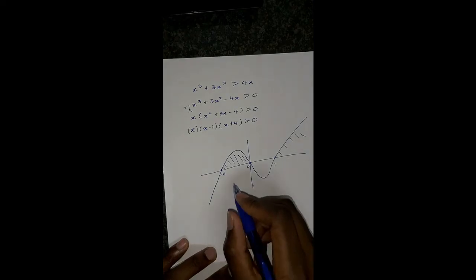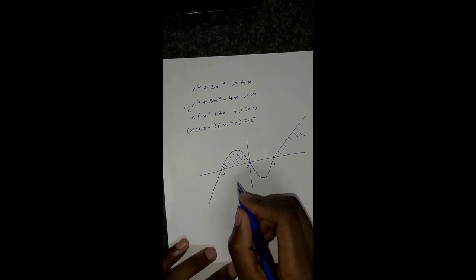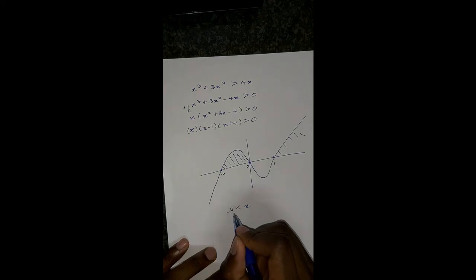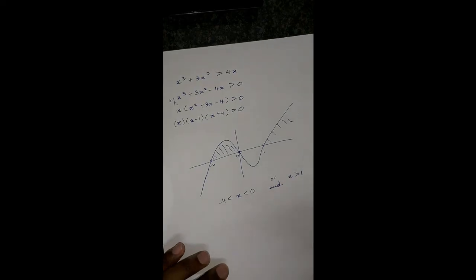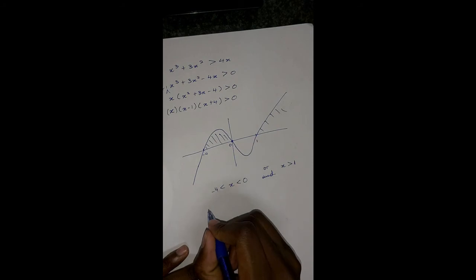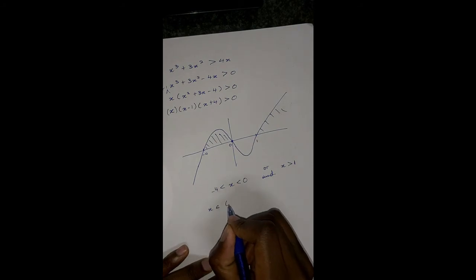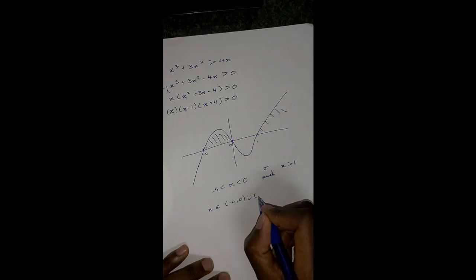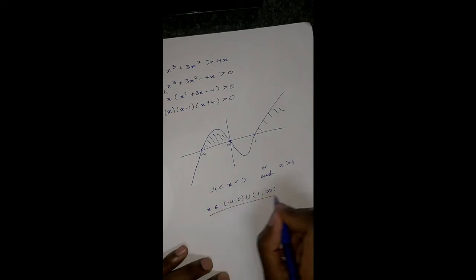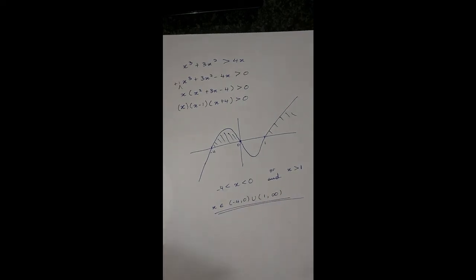So I actually see that our x can take values between negative 4 and 0, and values of x greater than 1. And these to be written in interval notation, it's going to be x being an element of (-4, 0) union (1, ∞). So that will be our solution.